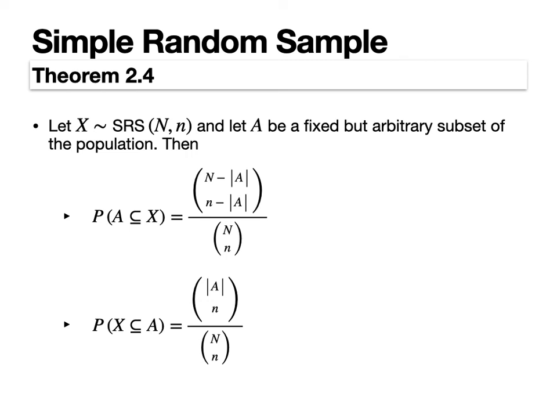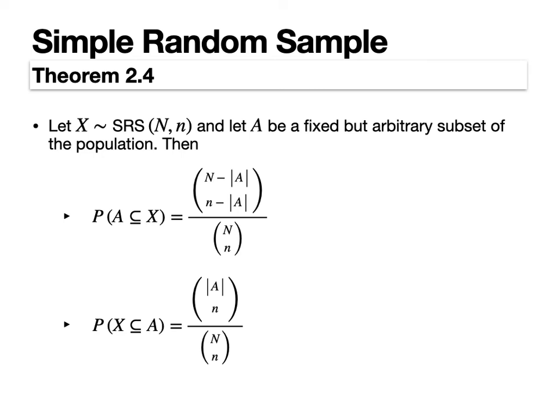And I'll leave the details for class and maybe for some discussion, but it turns out that the number of subsets of size little n that contain some specific set A is capital N minus the cardinality of A choose little n minus the cardinality of A. And that ratio gives us the probability of that event.